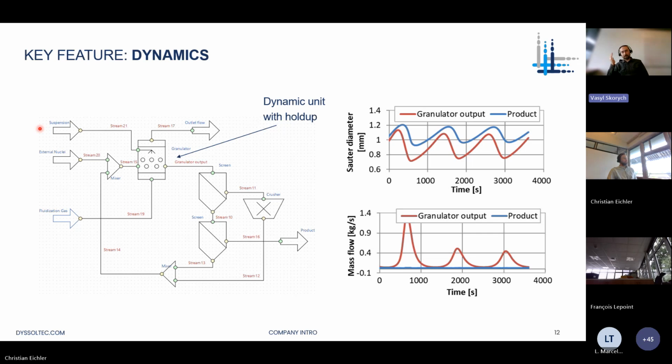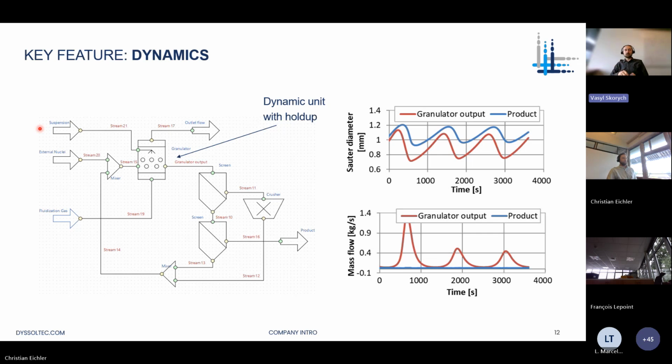That is exactly what DYSSOL Pro can help with, because it allows us to simulate our processes dynamically, taking time into account. We can track what is happening in the process when we, for example, turn on the process, what happens when some clogging occurs, when something stops, how the process behaves over time.